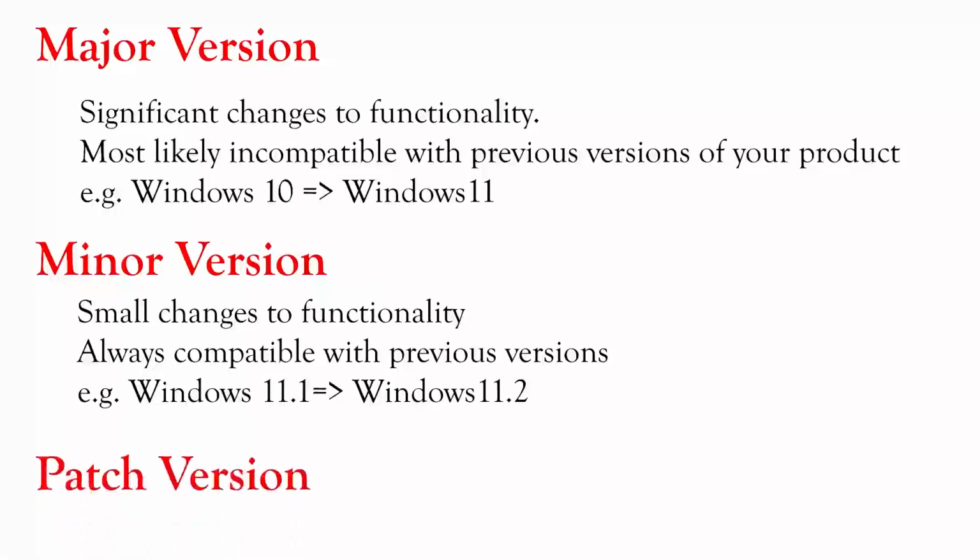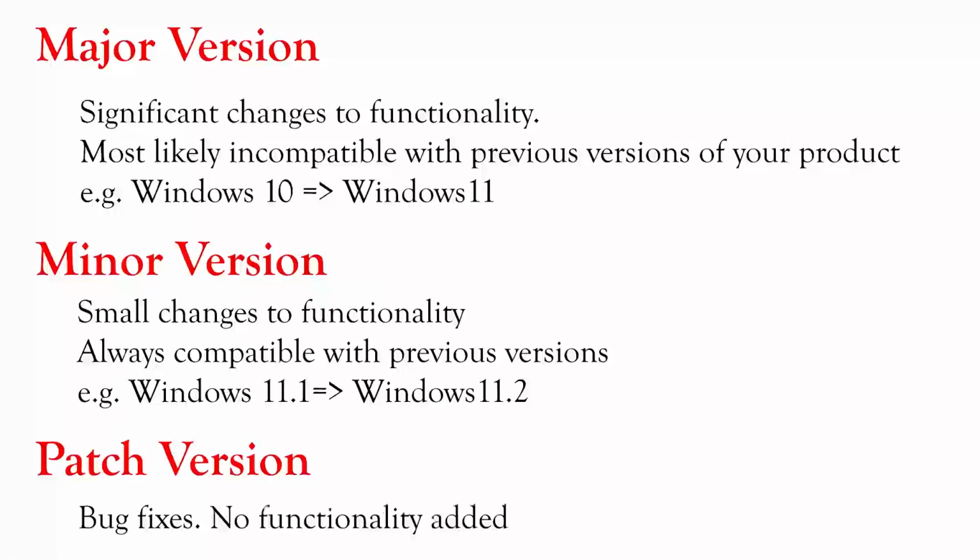And there is something called a patch version, which is even more minor than the minor version. Patch versions are essentially just bug fixes that you ship to customers. No new functionalities are added for patch versions.